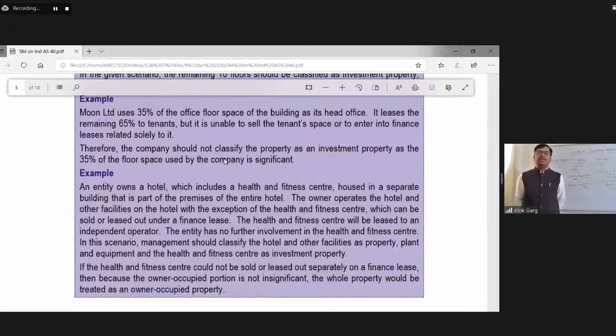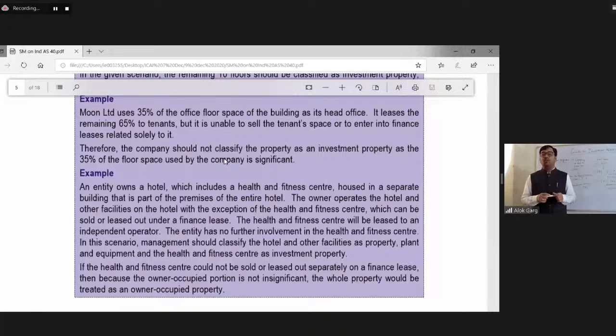It leases the remaining 65% to tenants, but it is unable to sell the tenant space or to enter into a finance lease related solely to it.